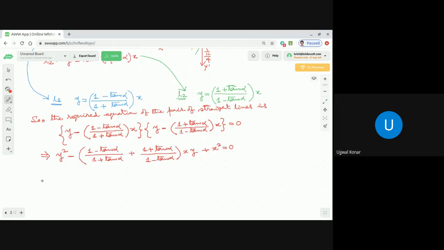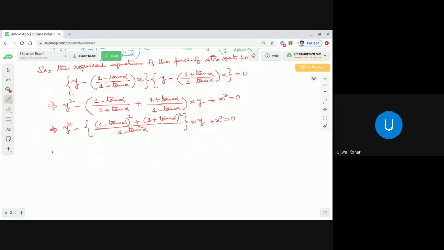If we simplify further, dear students, from here we get y square minus, the denominator will be 1 plus tan alpha into 1 minus tan alpha, that is nothing but 1 minus tan square alpha, and in the numerator we get 1 minus tan alpha whole square plus 1 plus tan alpha whole square into xy plus x square equal to 0. Correct?